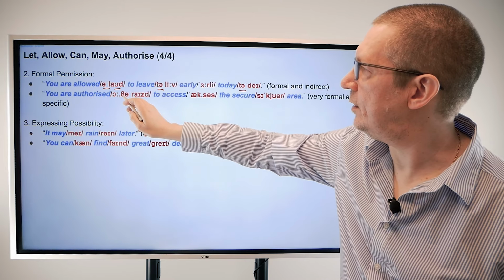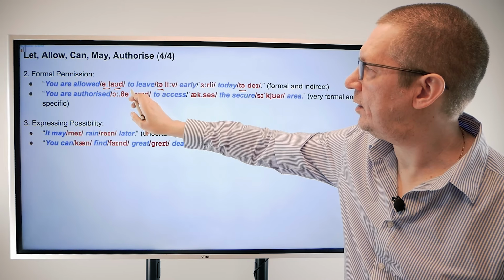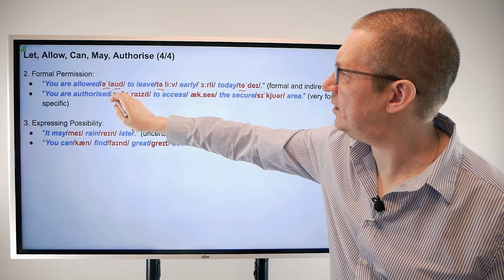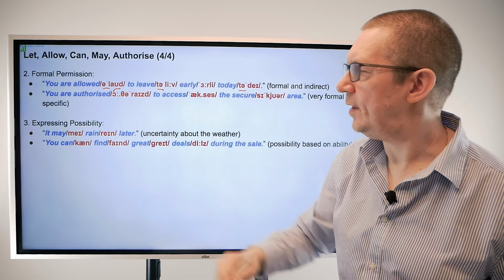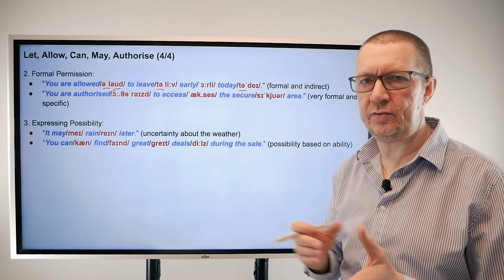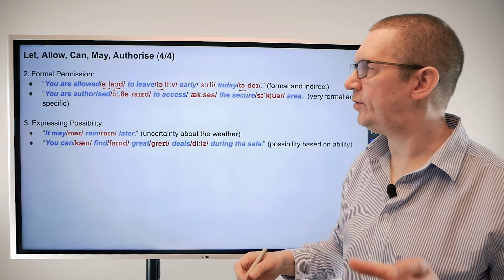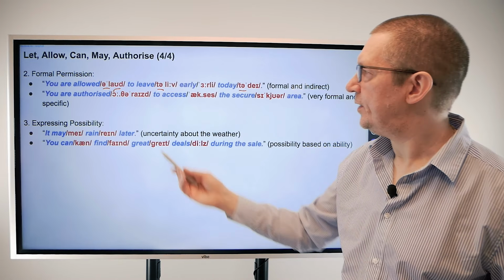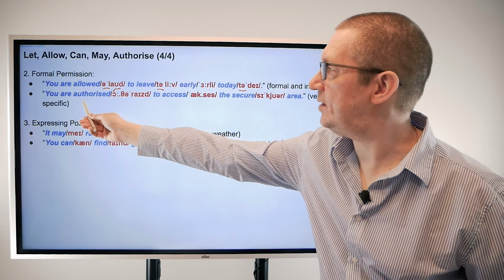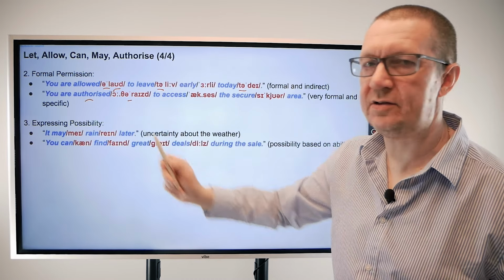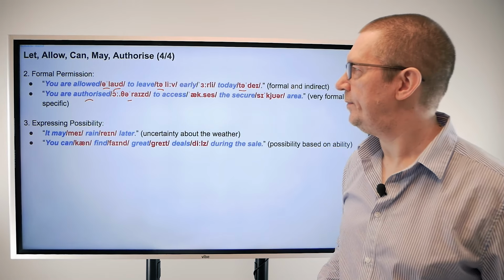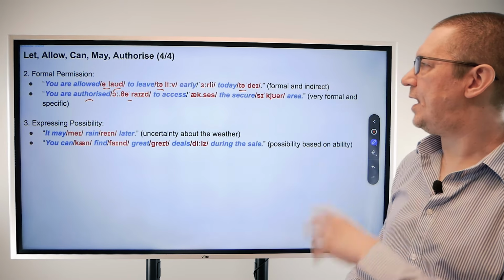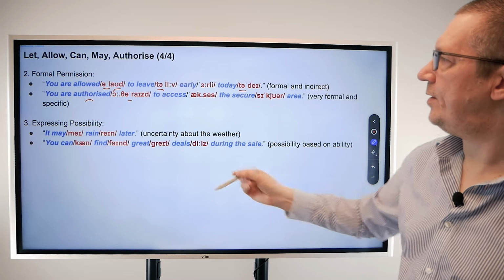This is maybe a tricky one because actually it's a word where there are almost two stresses. Authorized. In the middle, you can see this part, which is not stressed, has the schwa again. So, you are authorized to access the secure area.